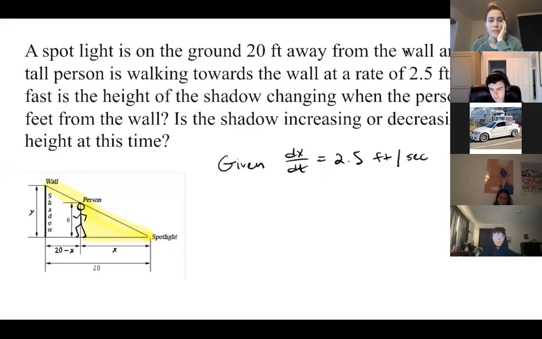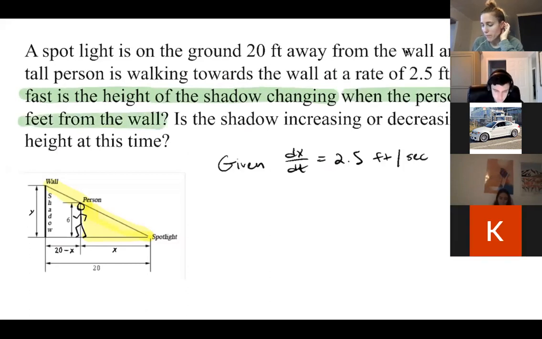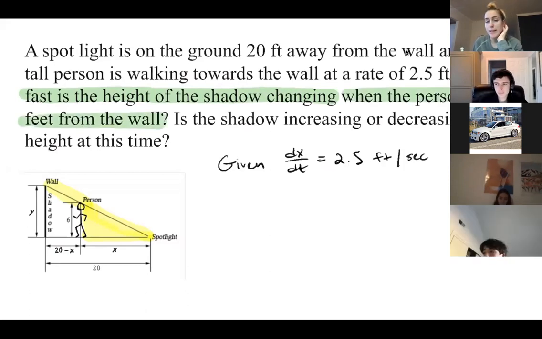There we go. Okay. So that's the rate that we're given. And we're being asked how fast is the height of the shadow changing when the person is 8 feet from the wall. Okay, so that tells us the rate that we're solving for.